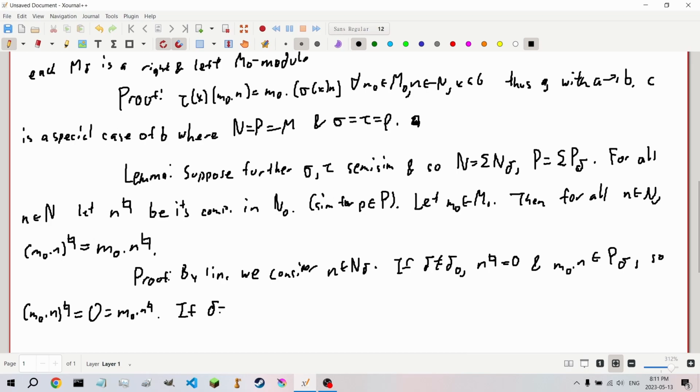If delta equals delta 0, n natural equals n, and M naught on n is in P0. So M naught on n natural is M naught on n is M naught on n natural.